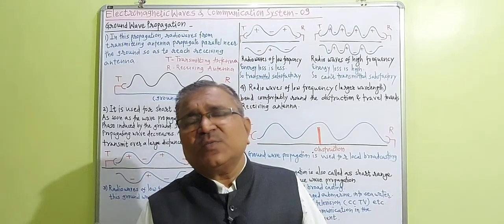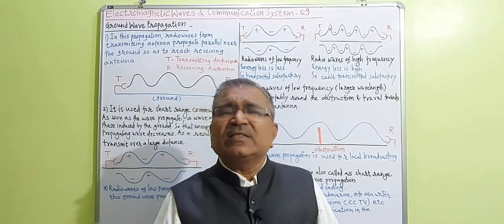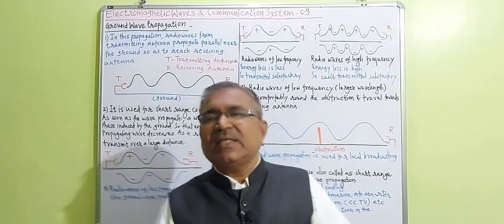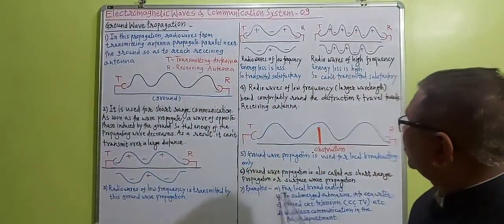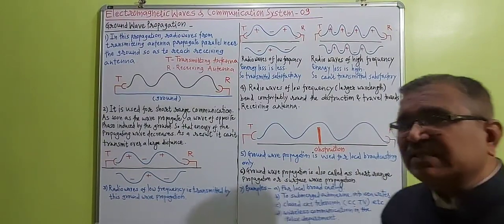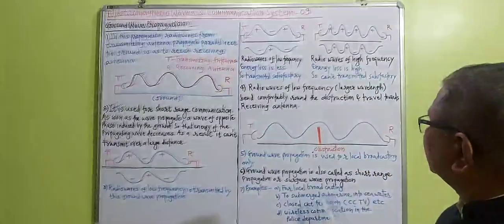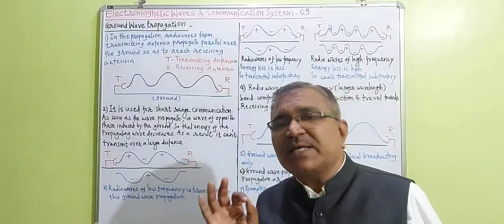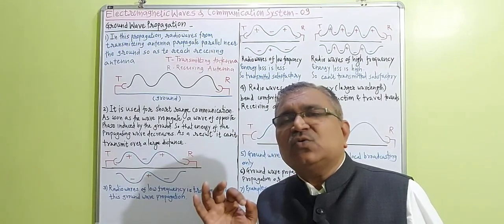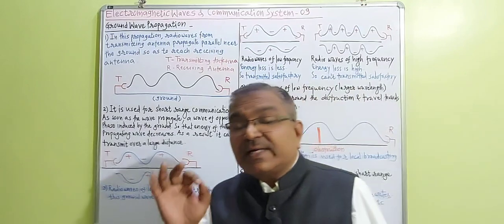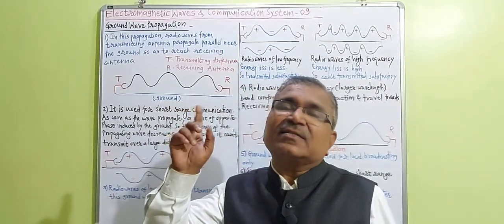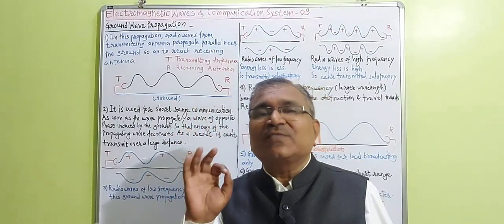The uses of ground wave propagation: it can be used for CCTV, closed circuit TV, for local broadcasting, and to locate submarines in the sea. To identify a submarine at sea level, this ground wave propagation is very useful.